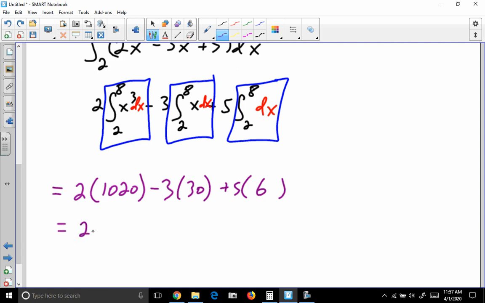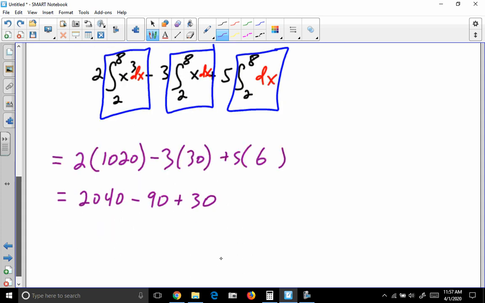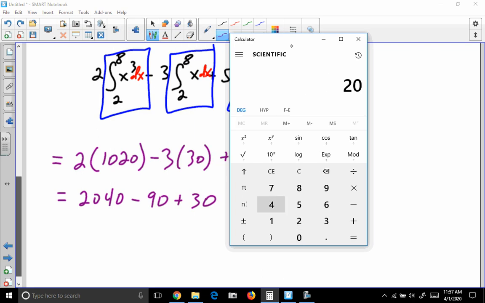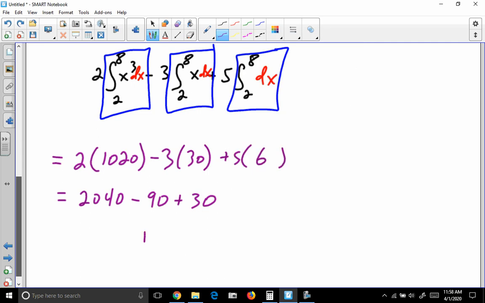So our answer is 2040 minus 90 plus 30. 2040 minus 90 plus 30, 1980. So that's what we get for that one.